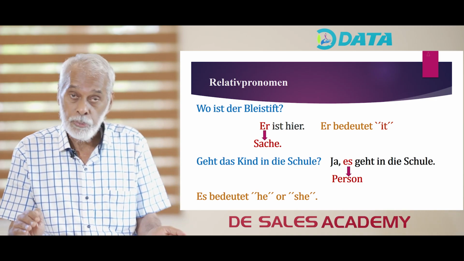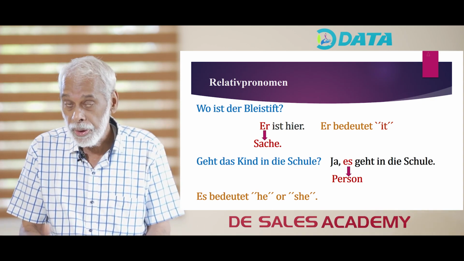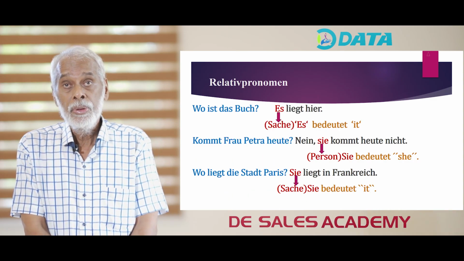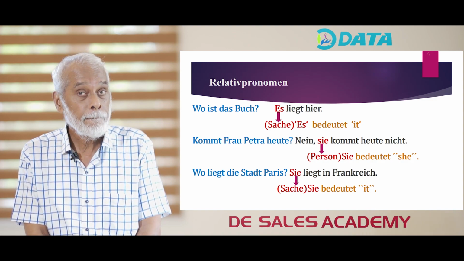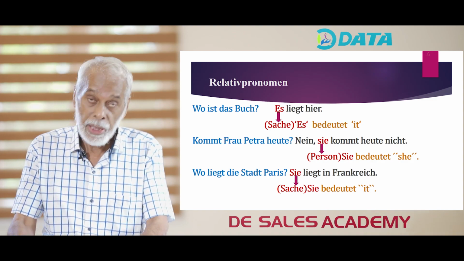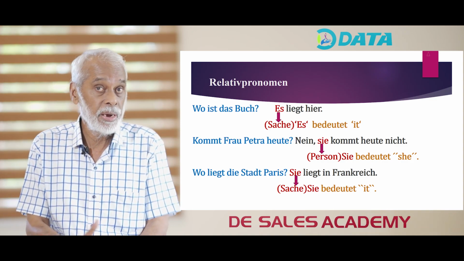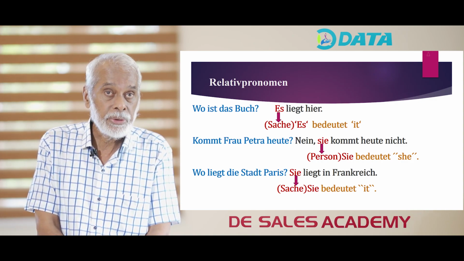If it is a boy, then we will have to say he, and if it is a girl, we will have to say she. Another sentence, wo ist das Buch? Where is the book? Es liegt hier. It's a thing, it is a Sache. So we will have to translate it as it.